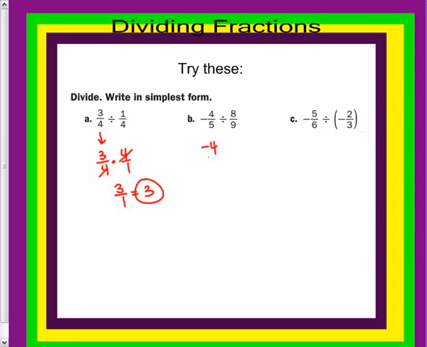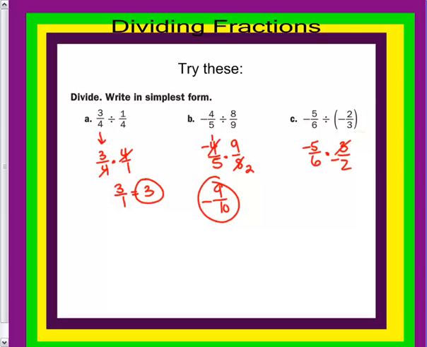Here we've got a negative 4/5 times 9/8. So I'm going to simplify the 8 and the 4, and I'm left with 9 over 10, and a negative times a positive is a negative, so negative 9/10. Okay, here I'm going to keep the 5/6, change it to a multiplication, and just flip it over.